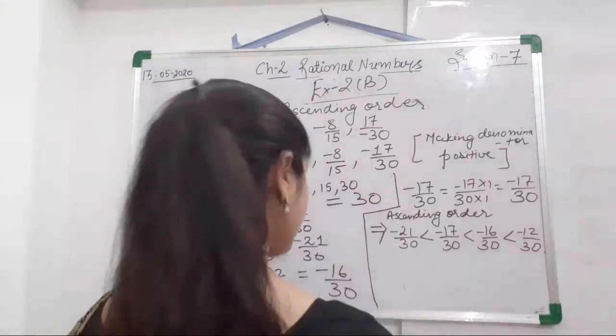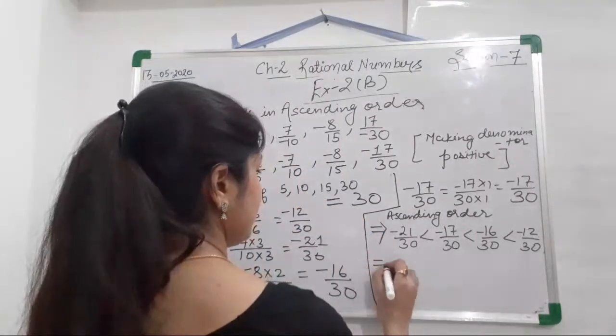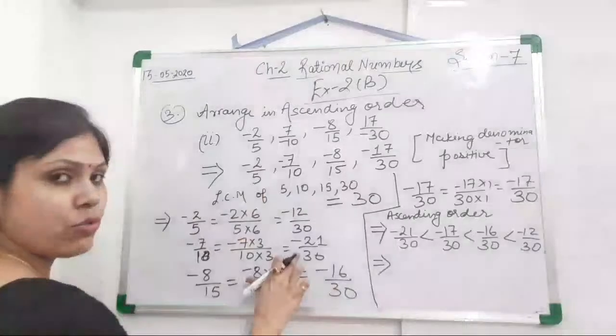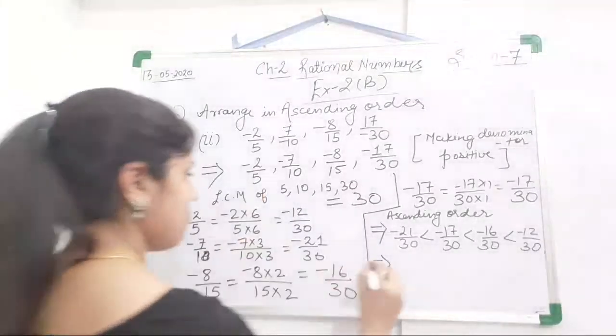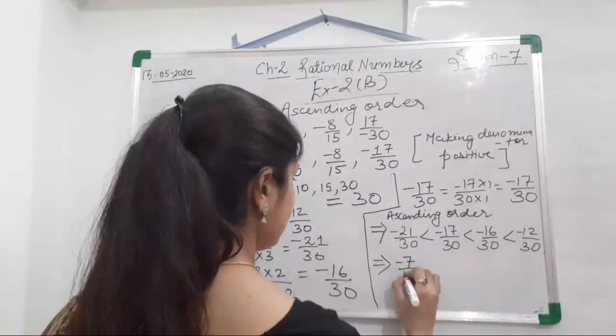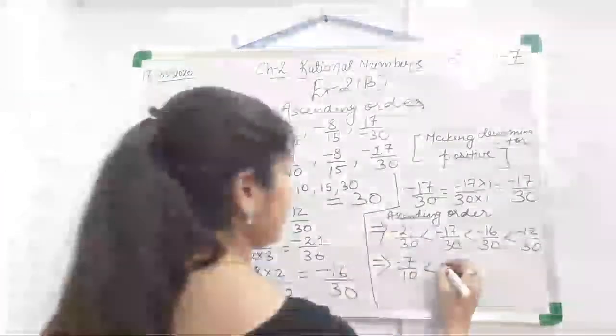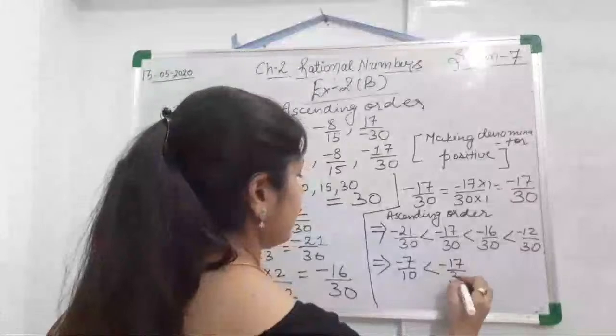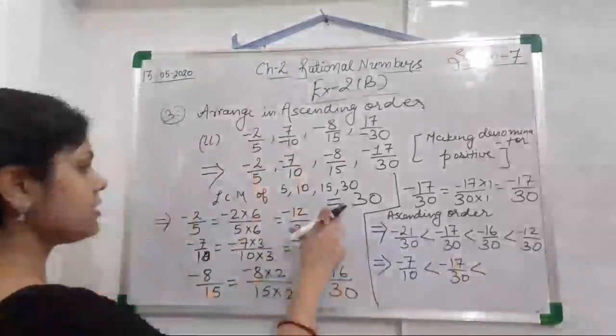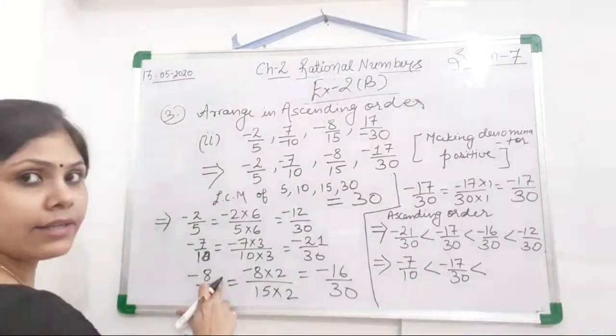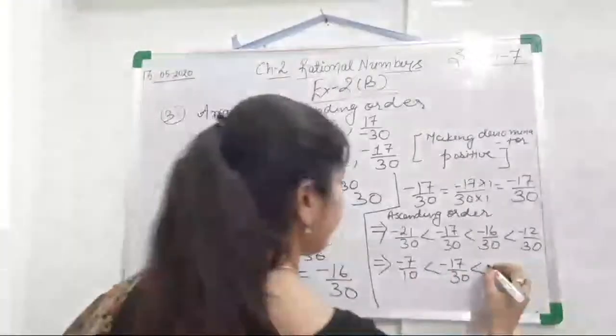Now this implies minus 21 upon 30 is minus 7 upon 10. Minus 17 upon 30 is the same number. Minus 16 upon 30, that is minus 8 upon 15.